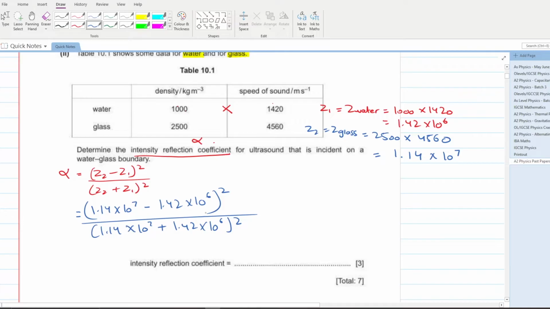Let me carefully put this in the calculator so that I make no mistakes. Your value comes out to be 0.61 to 2 decimal places.